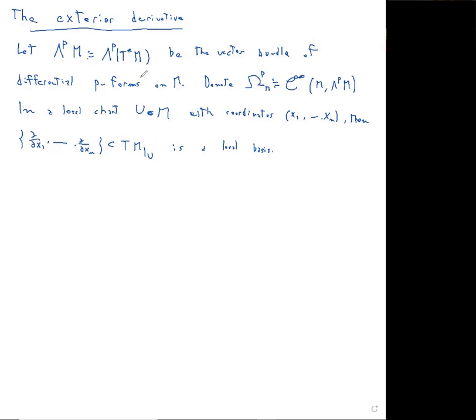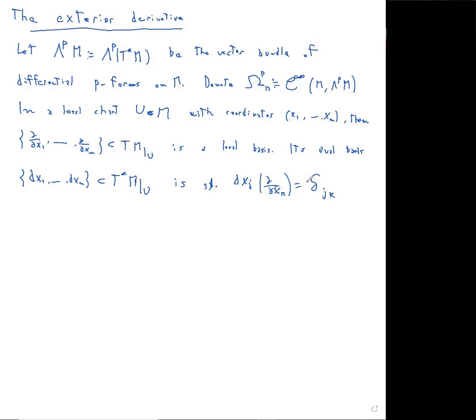But what we care about is the cotangent bundle. So we can look at the dual basis. Its dual basis is denoted by dx1, ..., dxn. Now this is going to be a local basis of the cotangent bundle to U. And of course, it satisfies the usual dual basis conditions.